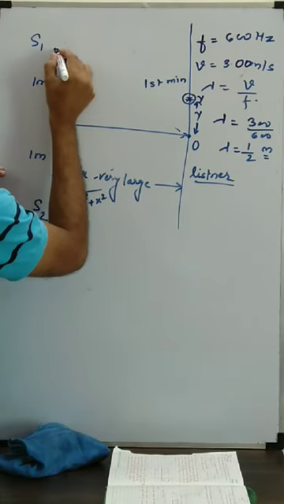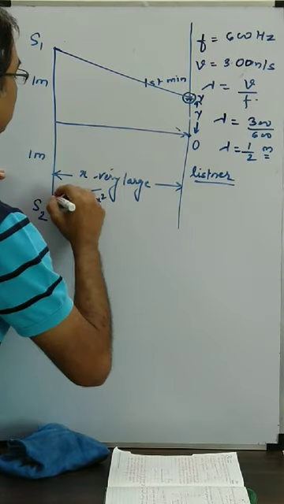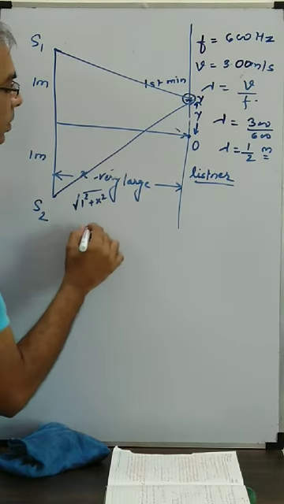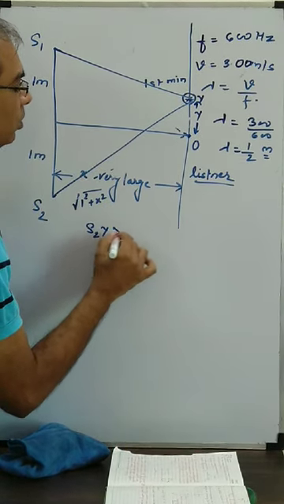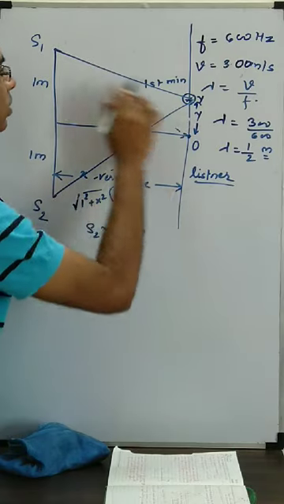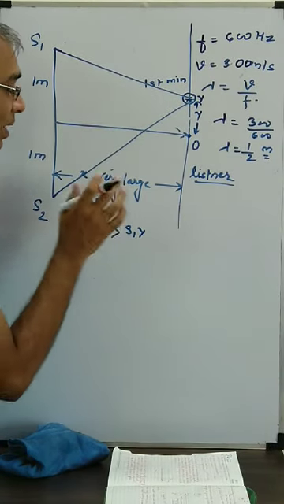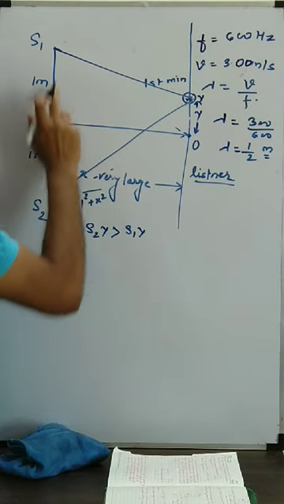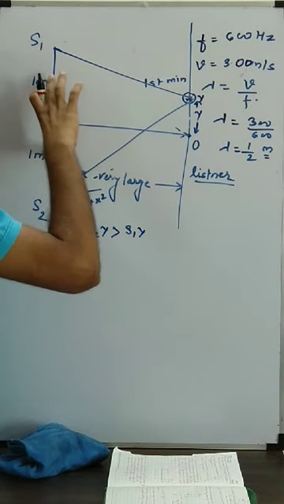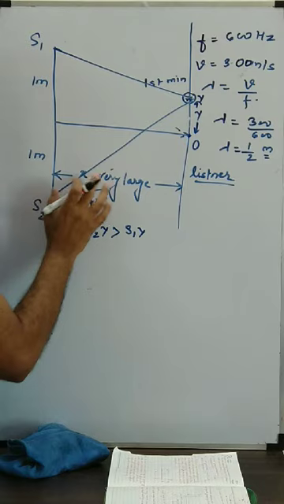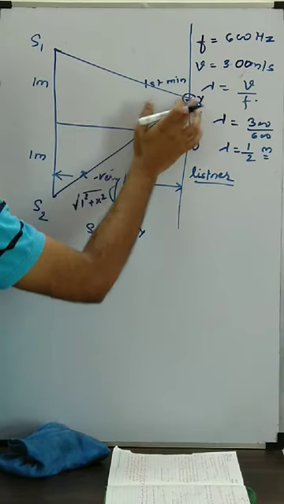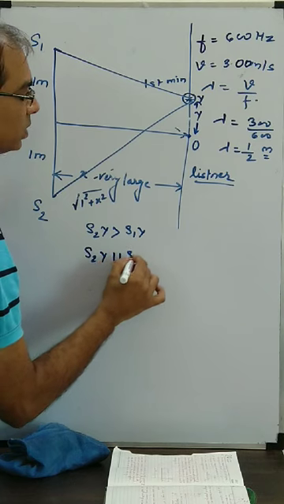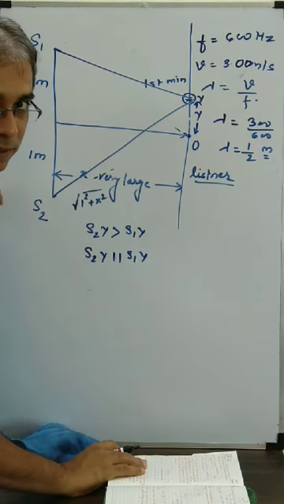Okay, so let's join this one. Now we can see clearly from the diagram that S2y is actually more than S1y. That means this is traveling more than this one. But since this distance is very large as compared to the distance between the two sources, we can consider that S1y and S2y are actually parallel. S2y is parallel to S1y, as I explained to you in the last class.